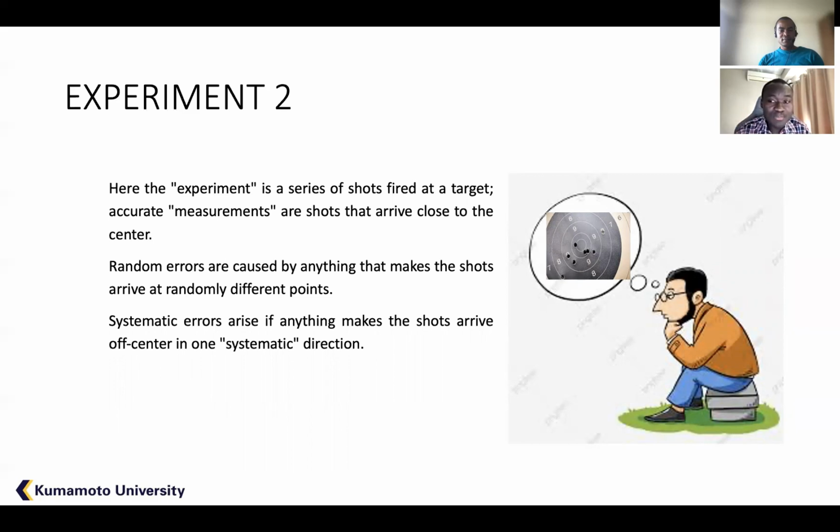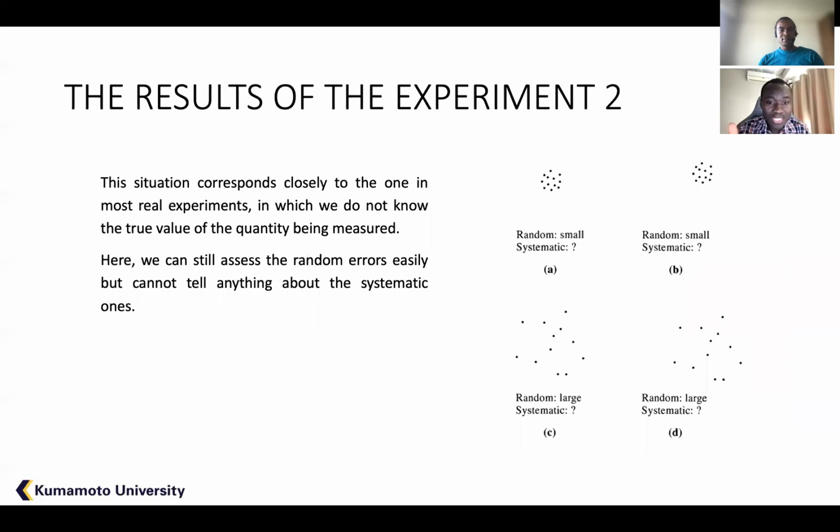And so this makes it difficult, as we can see in this diagram. We can easily know that the random errors are small or large, small in A and B or large in C and D. But we are unable to determine how large or small the systematic errors are because we do not know the true value. We have no idea of the true value.